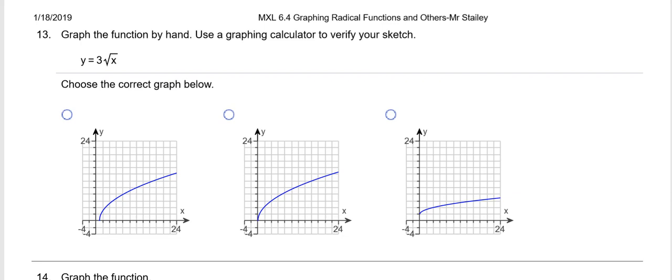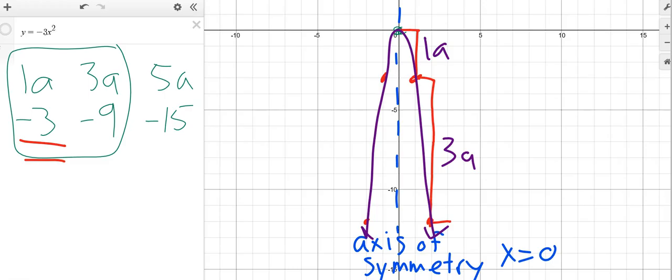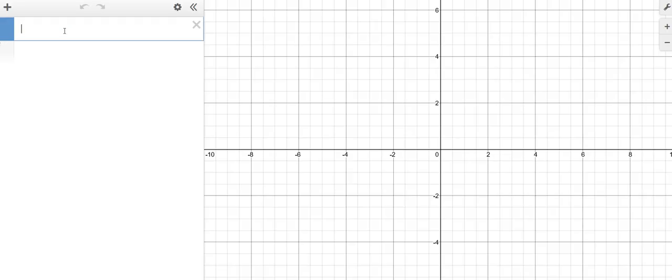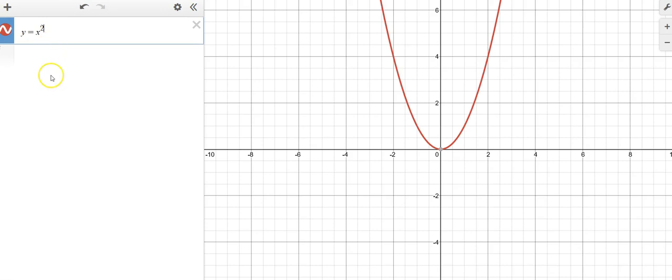Maybe I need to back up here a second and look at another question first. Thanks for staying with me instead of drifting. Why is it not typing? I said y equals. Okay?